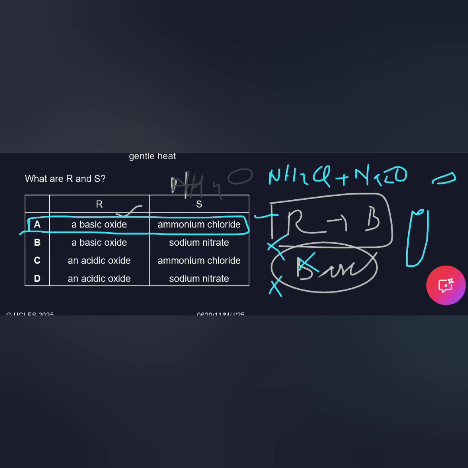That is the reaction of bases with ammonium salts. A basic oxide, for example sodium oxide, reacts with an ammonium salt like ammonium chloride to form salt, NaCl, water, and ammonia gas will be released.